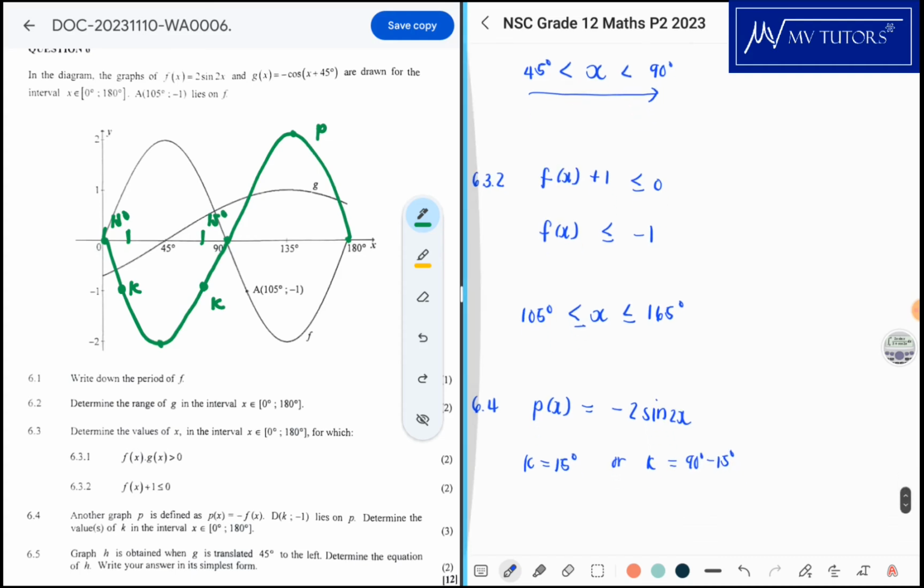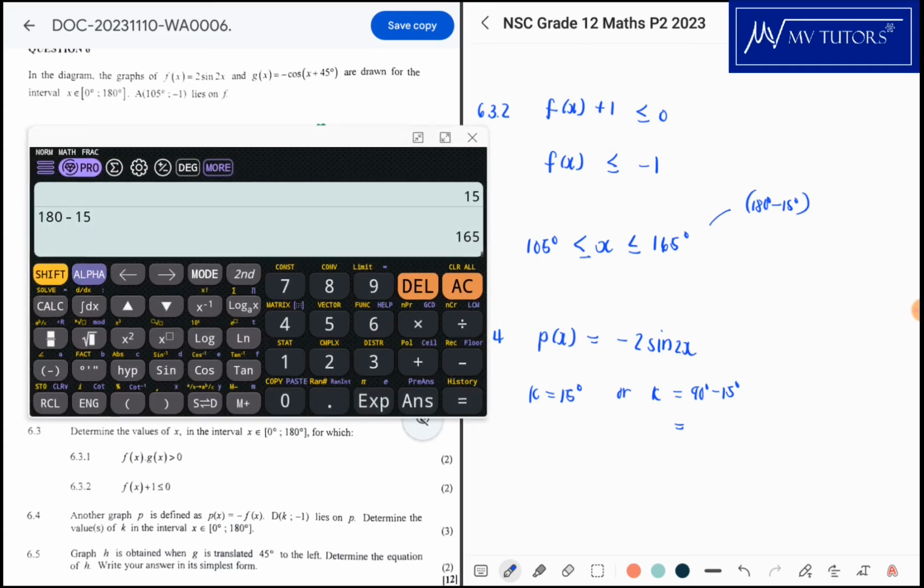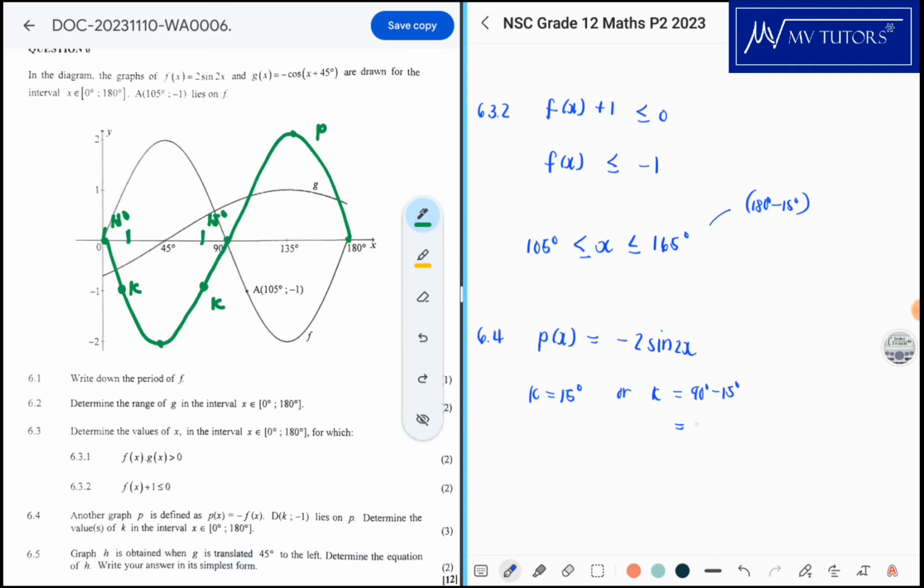Just the same way we got the 165, by saying 180 minus 15 degrees. So 90 minus 15, okay, 90 minus 10 is 80, minus 5 should be 75. So there we go. K is either 15 degrees or 75 degrees.